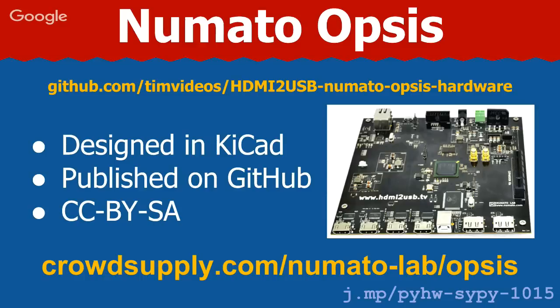It's a reasonably complicated board, and we did it in KiCad. It's published on GitHub under a Creative Commons share-alike type license. And again, if you want to support open source hardware, you can go to this URL and help support us.